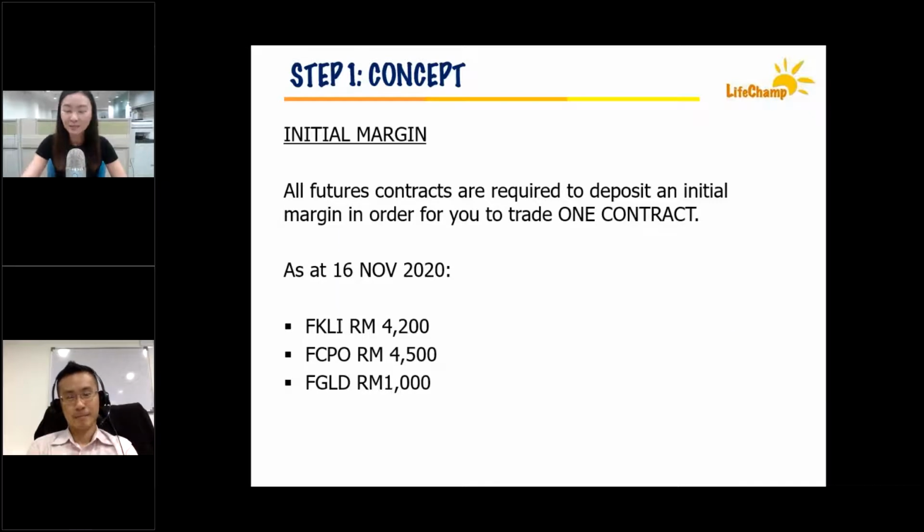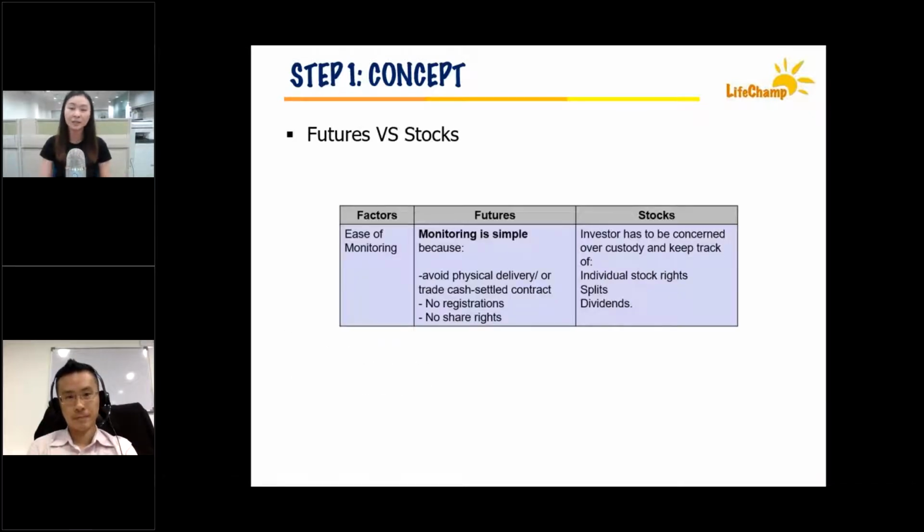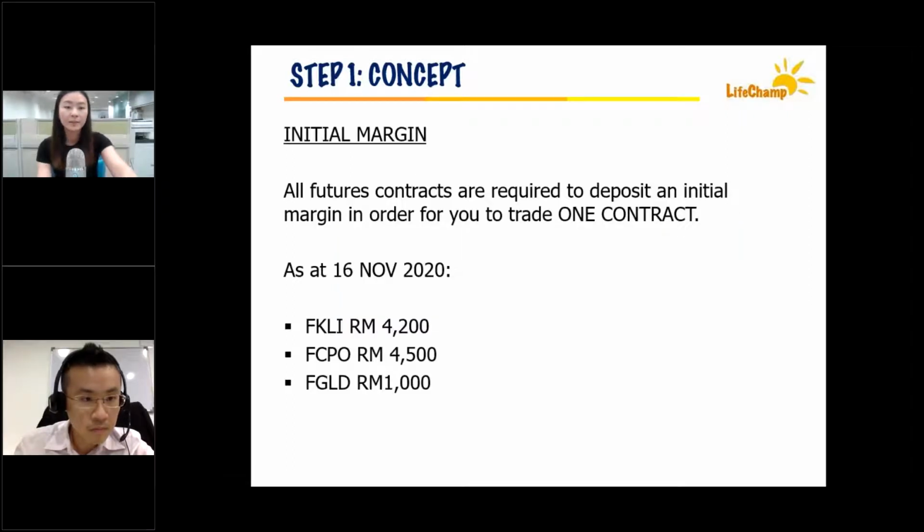And of course, for futures trading, we need to put in money to start trading. For every different product, there is a margin set by Bursa Derivatives. We call it the margin deposit, or initial margin. Here is the margin as at 16 November.